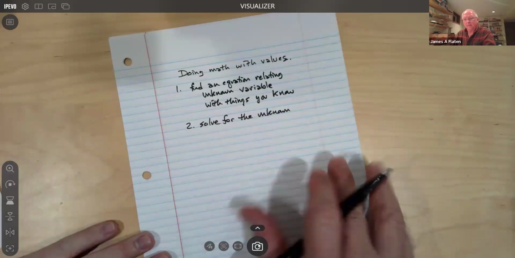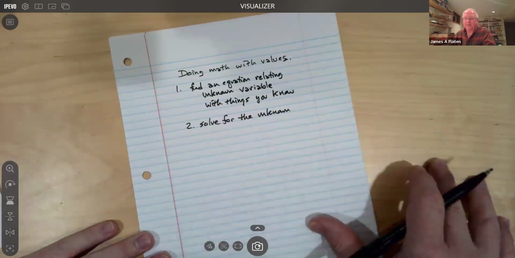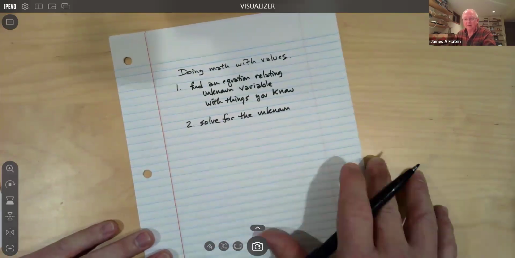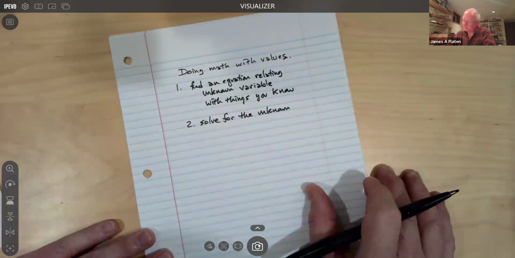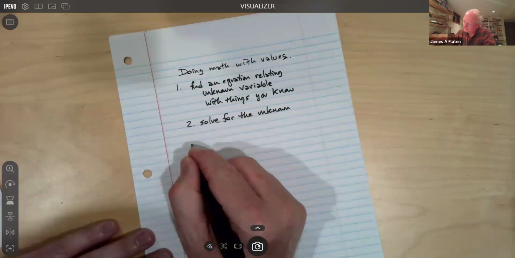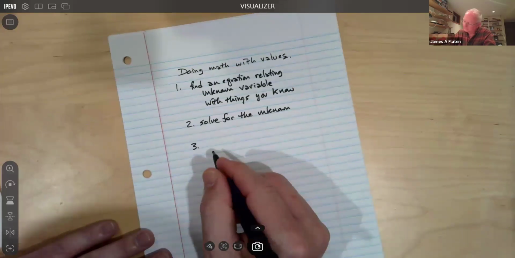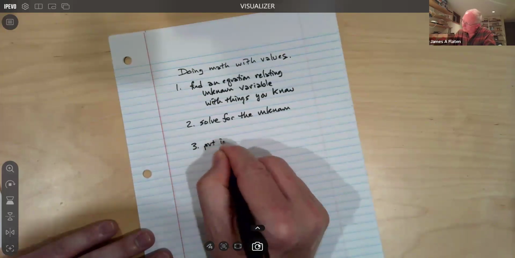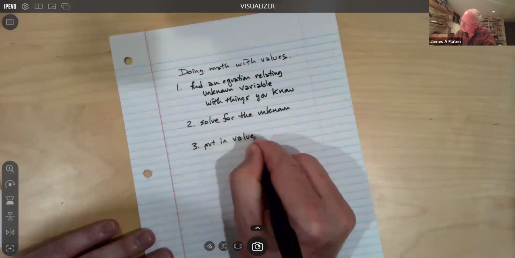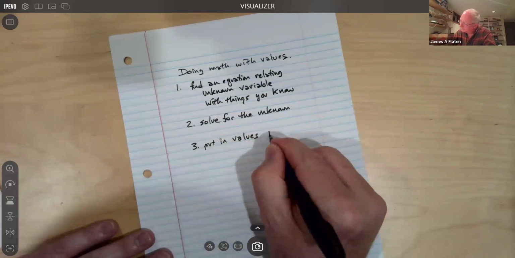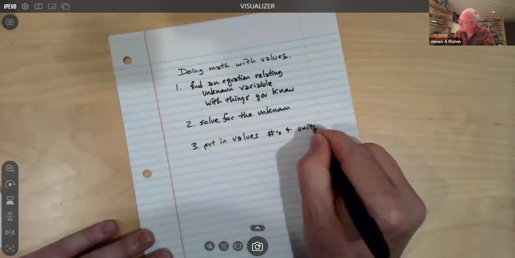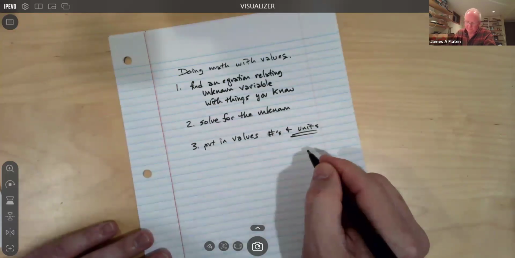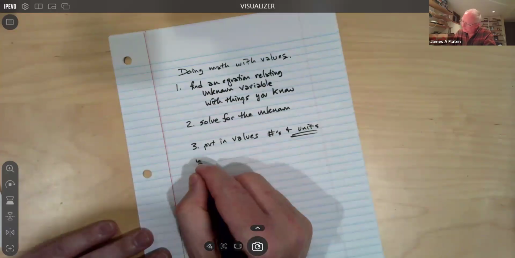As you are simplifying the other side, make the units go away until you've distilled it down just to the kinds of units you were expecting. So step 3 is put in values, which have numbers and units, both. Don't forget the units, please. And then simplify.